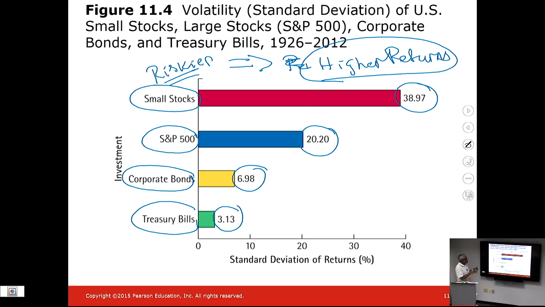So now we have a much more complete picture that yes, small cap stocks are giving me higher reward than large cap or corporate, but it is also coming at a higher risk. So the question that I have to ask is, is the reward reflective of the risk? Is it a fair compensation for the risk?